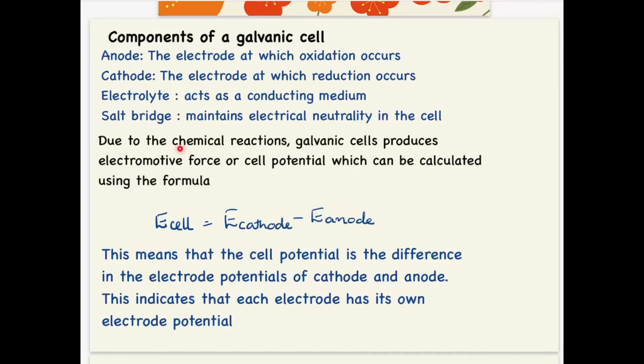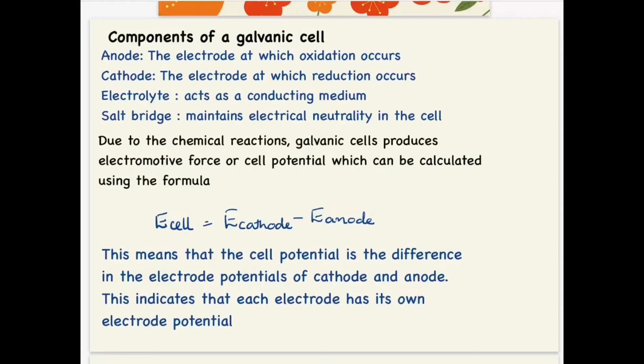Inside the galvanic cell, a chemical reaction will occur, and due to the chemical reaction, electrical energy is produced. Electrical energy production leads to electromotive force or cell potential, which can be calculated using the formula: cell potential of the galvanic cell equals cathode electrode potential minus anode electrode potential.